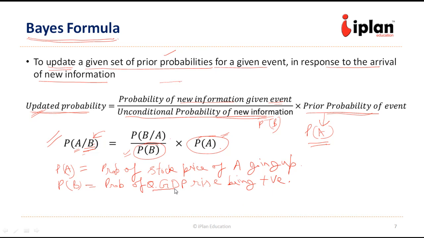Suppose this is quarterly GDP. So if the quarterly GDP number goes up, that is the probability B.